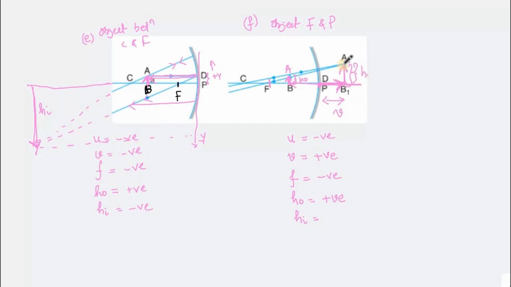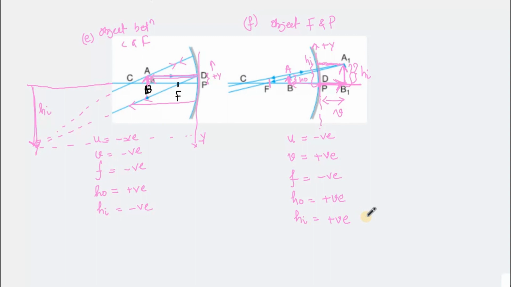So this is the height of the image. Now to measure the height, we have to drop a perpendicular from the tip of the object along the positive y-axis. So this is the height of the image, which is a positive quantity. So here the height of the image will be positive.